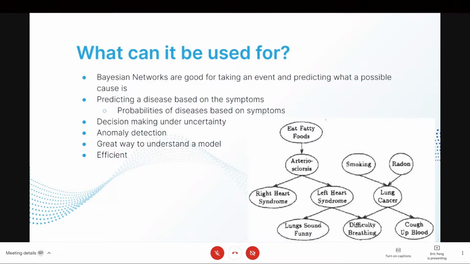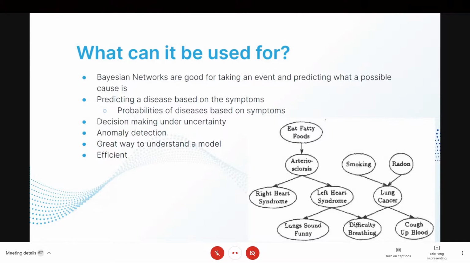They're also great for anomaly detection because a Bayesian network is created out of distributions of the variables.